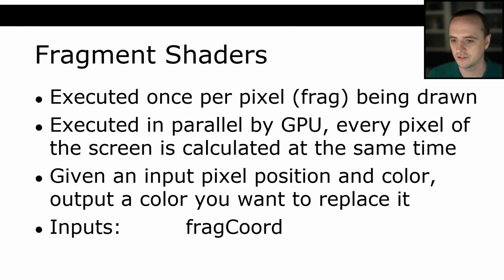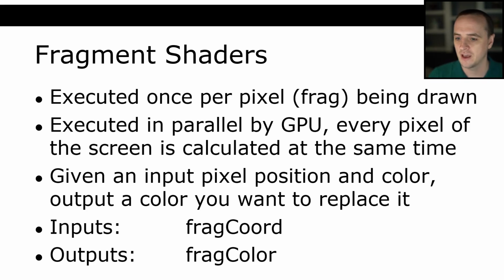So the inputs are going to be this fragment coordinate, the pixel coordinate, and the output is going to be the color that you want that pixel to be displayed on the screen. Now, there can be more complex fragment shaders with more complex inputs and outputs, but we're essentially dealing in this course with the basic type of fragment shader.